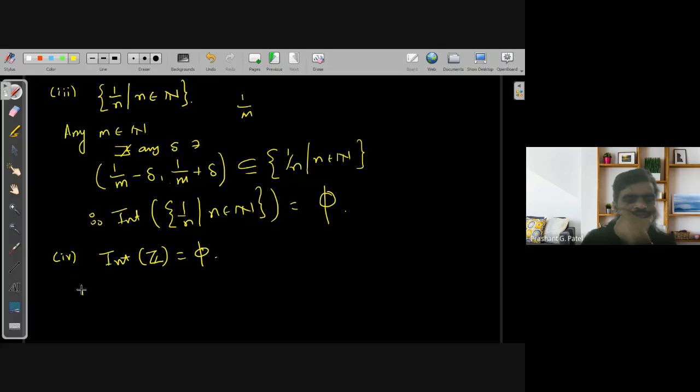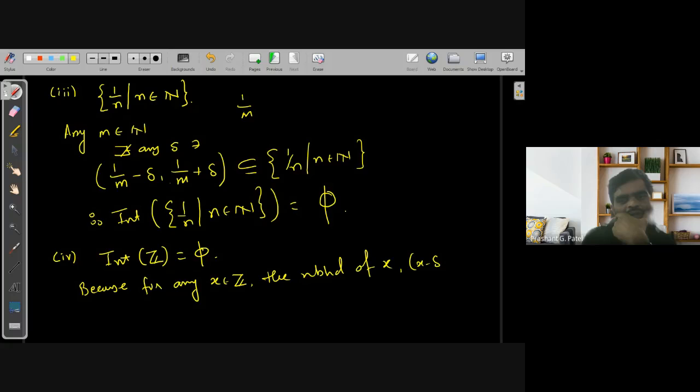Because for any x belongs to Z, the neighborhood of x, which is x minus delta to x plus delta, any neighborhood of x of this form, will always contain rational and irrational numbers.